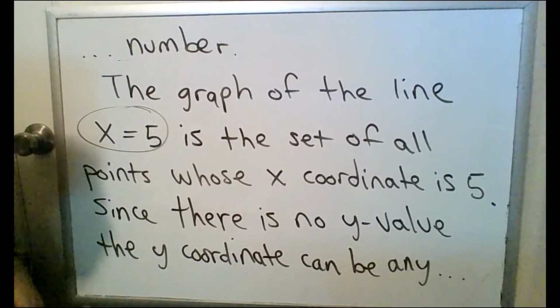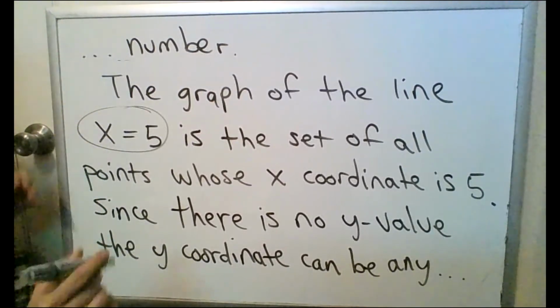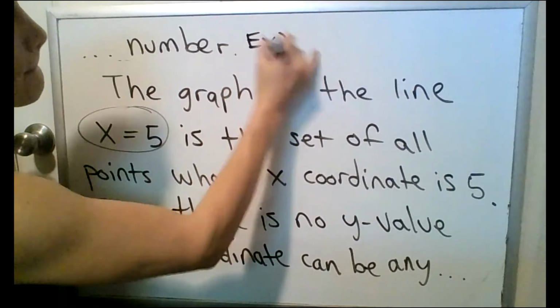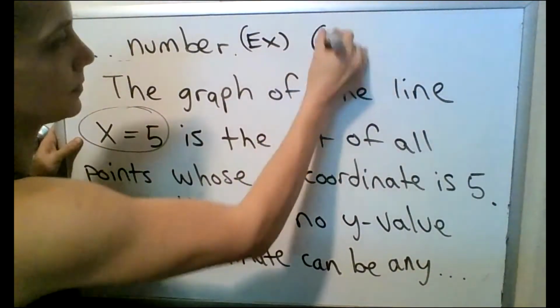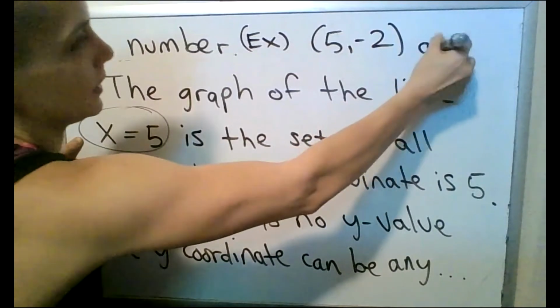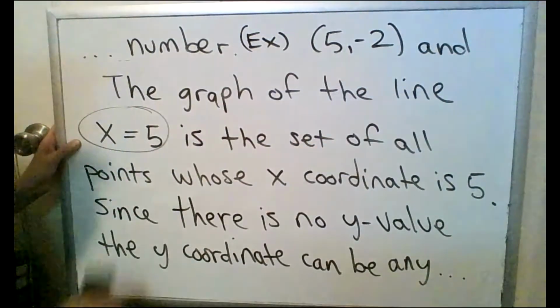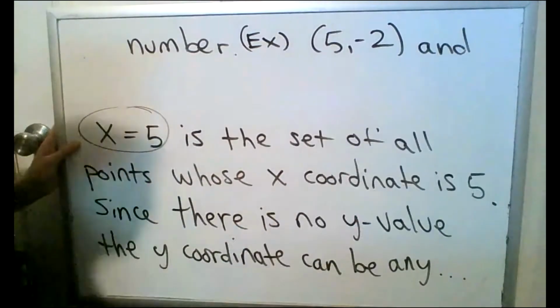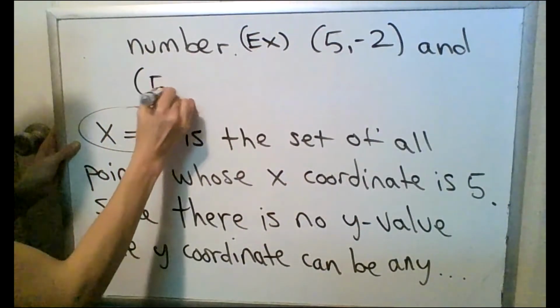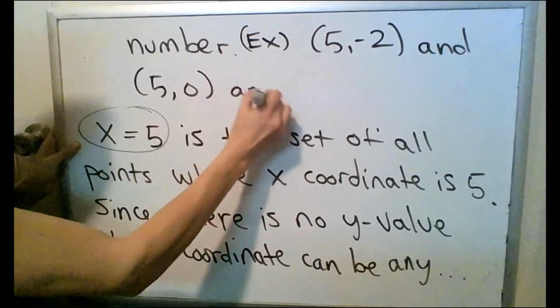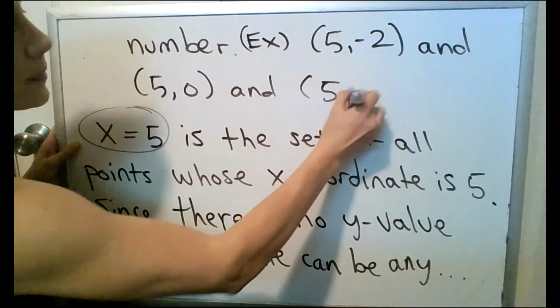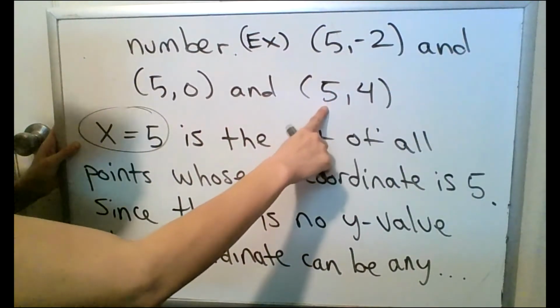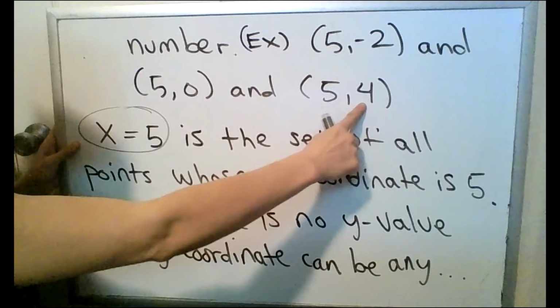So some of the points in this graph would be x equals 5, and y could be any number like -2. And I can graph 5, 0. Or like 5, 4. As long as its x coordinate is 5 and y can be anything.